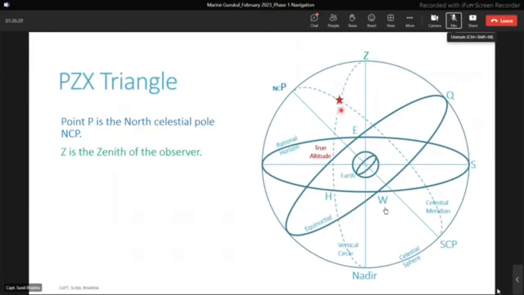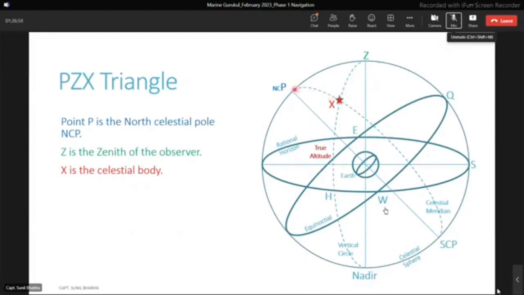The celestial body's position is represented by X. So let's mark an X here. So we have the P point representing the north celestial pole, the Z point representing the zenith of the observer, and the X point representing the celestial body.